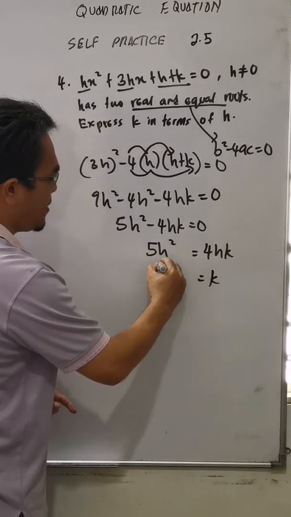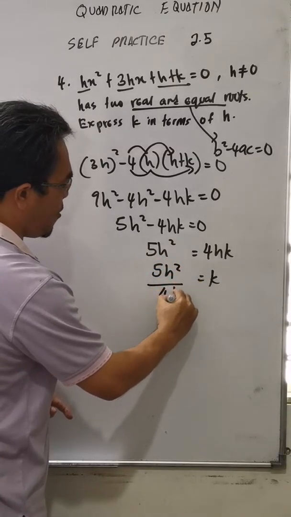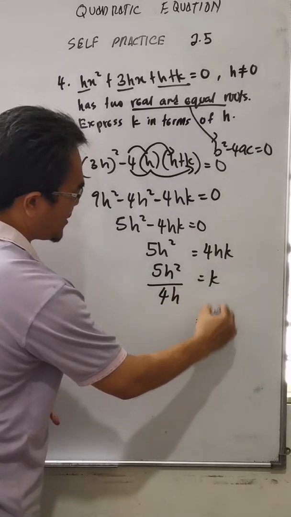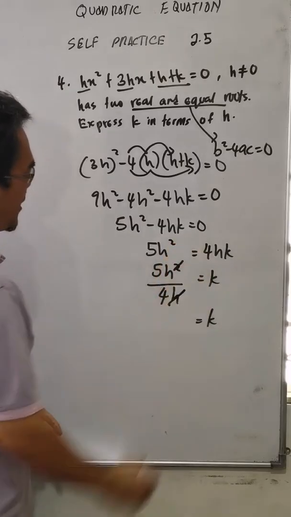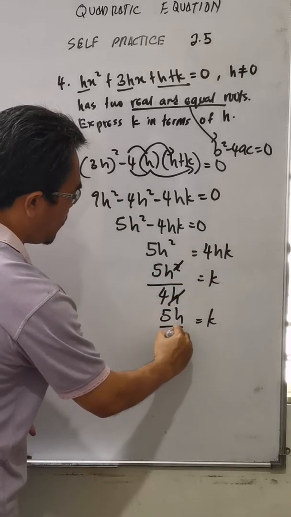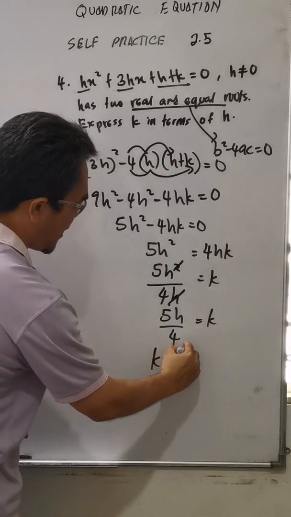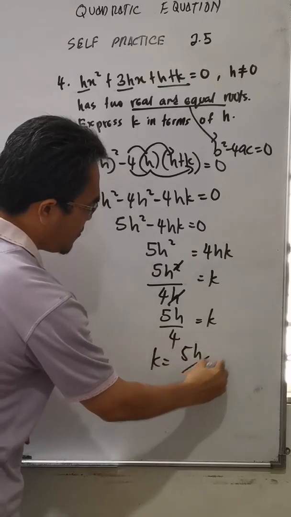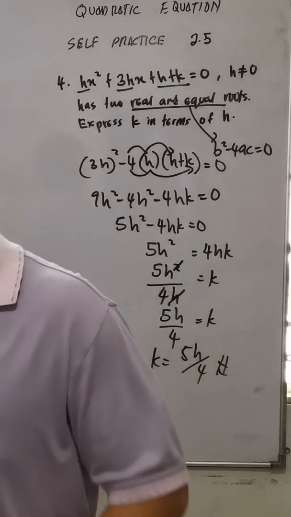So it becomes 5h squared over 4h. We can simplify further, cut 1h and 1h there, so it becomes 5h over 4. If you like, you can rewrite: k is 5h over 4. That's the answer for question number 4.